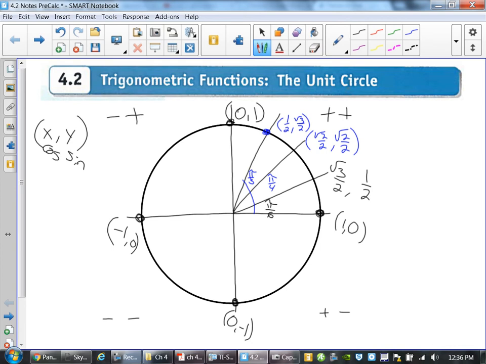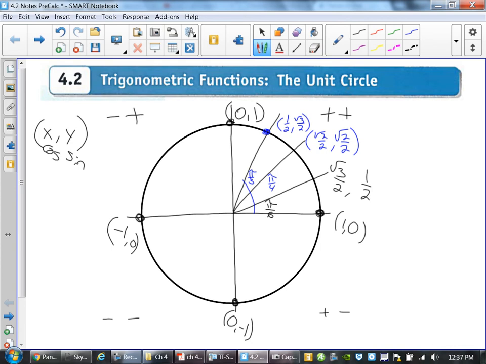Going to the second quadrant, the x values become negative. The y values stay the same. So you have negative root 3 over 2, comma 1/2.